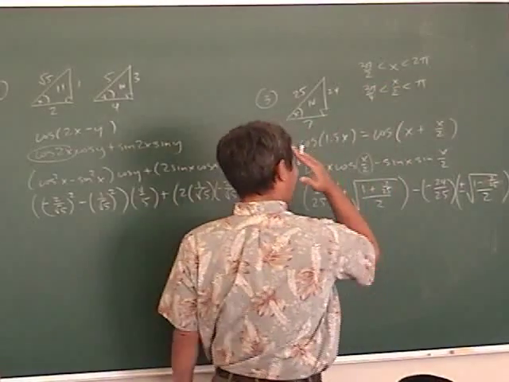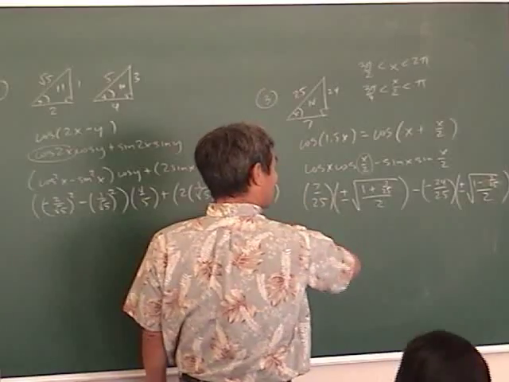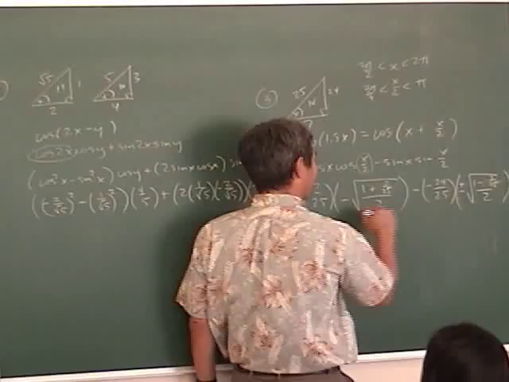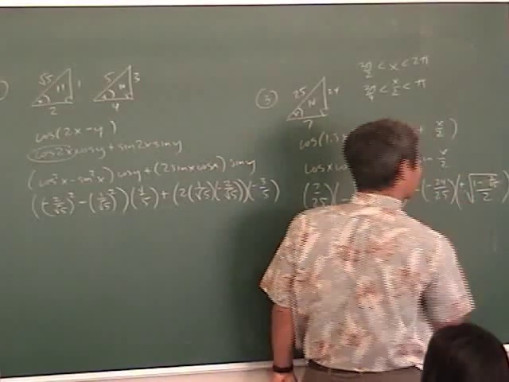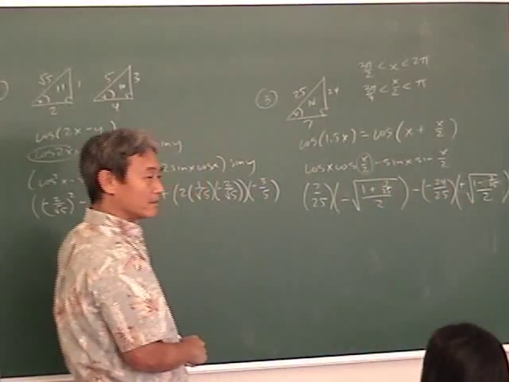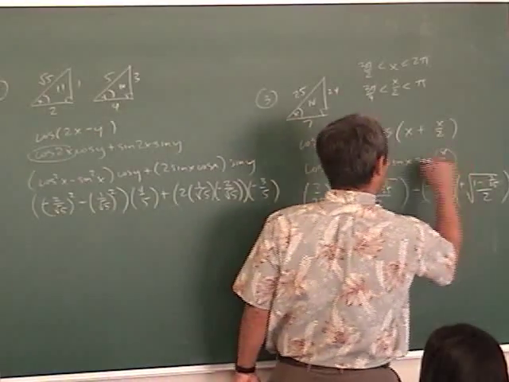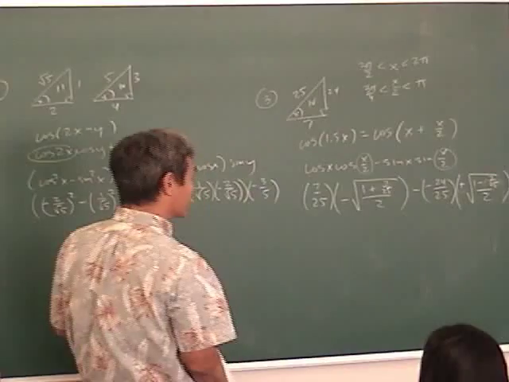So if you're between 3 pi over 4 and pi, you are in the second quadrant. So cosine of a second quadrant angle will be negative, sine of a second quadrant angle will be positive. You have to look at the quadrant of the angle that you're taking the sine or the cosine.